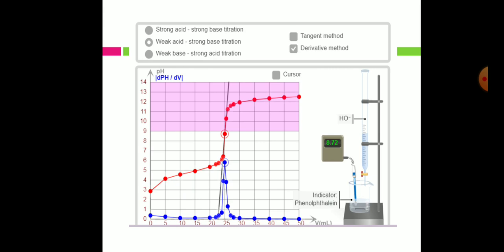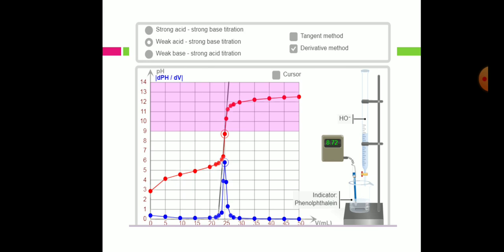There is one more method for determining the equivalence point, and that is called the derivative method. In that case, the x-axis is the same, that is volume of NaOH added, but the y-axis is the derivative of the pH, which means we plot the change in pH by change in volume, and then we get a blue type of graph.